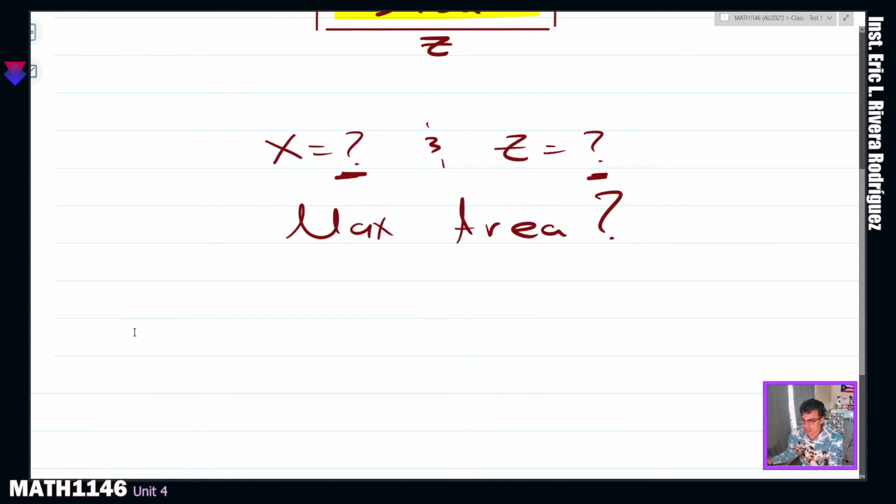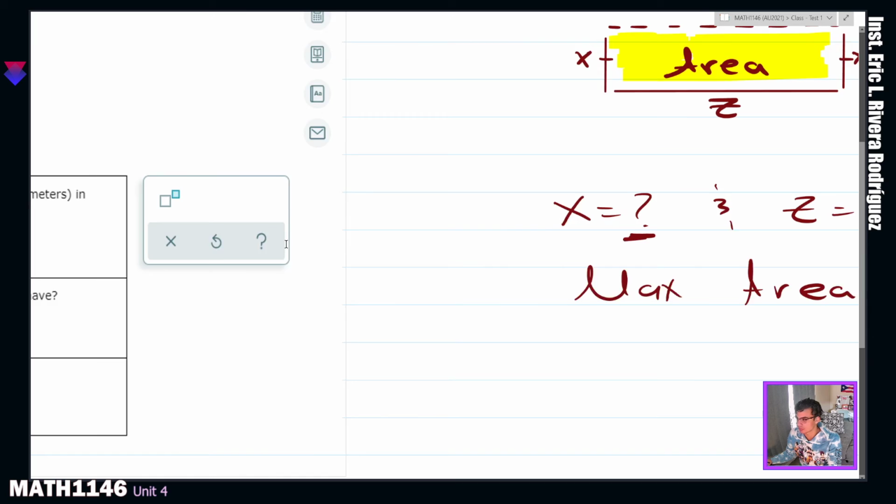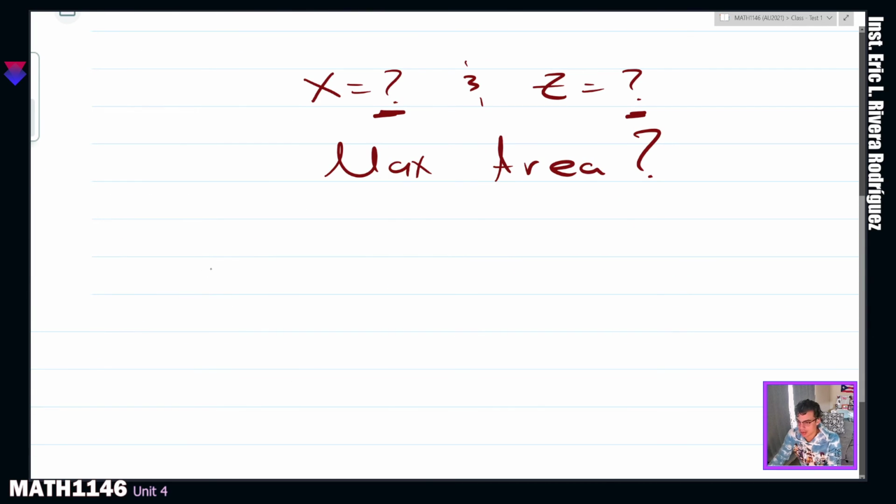So what we need to do first is create a function that gives us the area of this rectangle. So the first thing that we need to do is create the function.